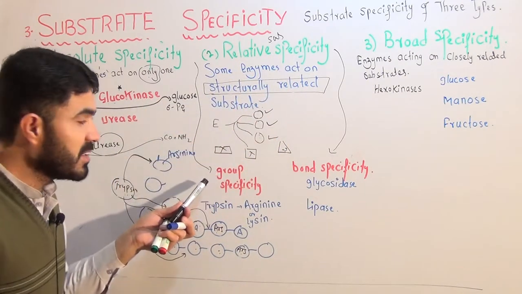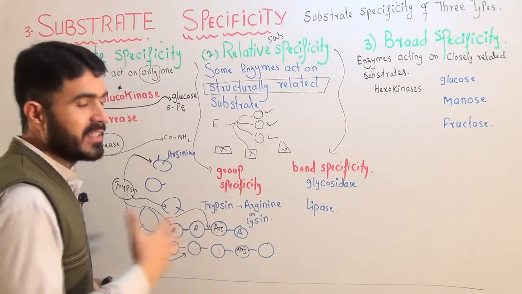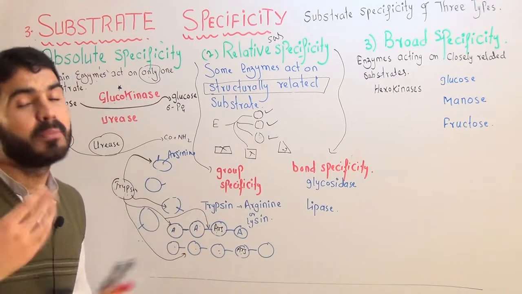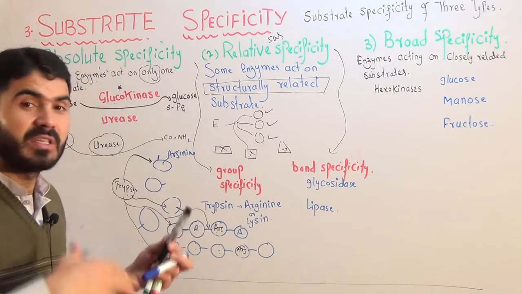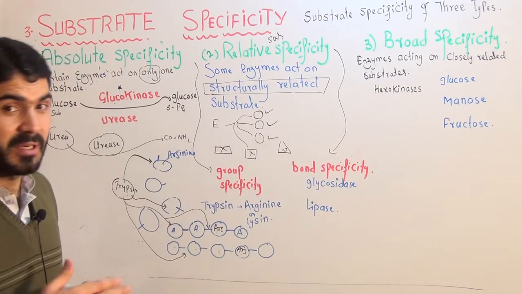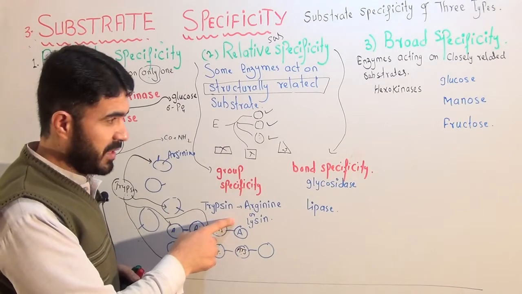Inside relative specificity, this is called group specificity, because arginine is a group for us now. Similarly, another enzyme, chymotrypsin, can also hydrolyze those proteins which contain aromatic amino acids. So this example is enough for you to write in your exam.